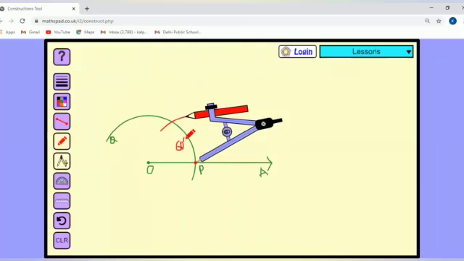Now, if you want 30 degrees, you need to bisect 60 degrees into two parts. That is 60 degrees by 2, which gives 30 degrees.